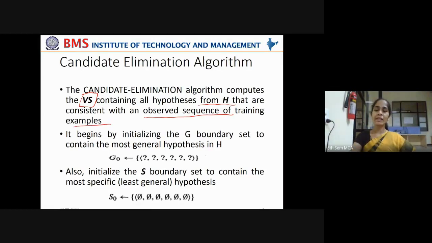That is why we are writing it as VS H, D. Version space is a set of hypotheses consistent with the training examples. D means it should explain all the training examples given in D because it has learned from those training examples.